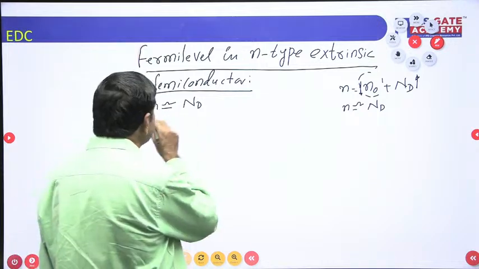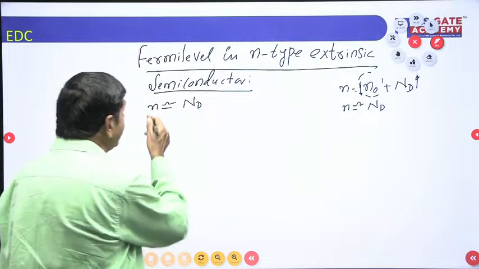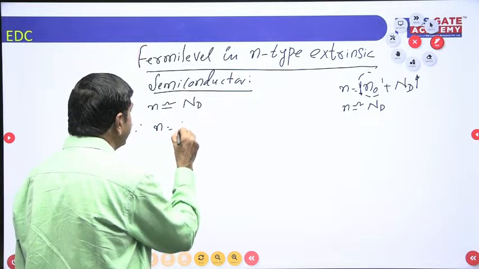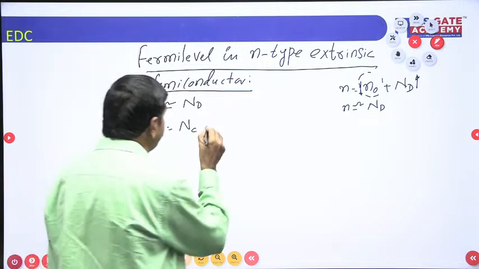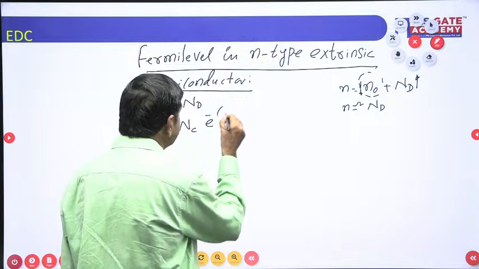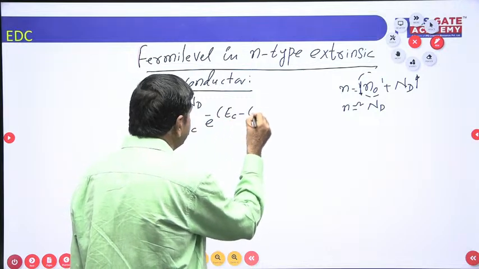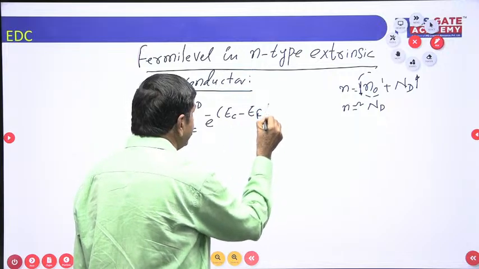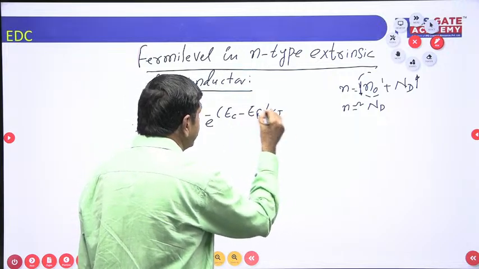Okay, N is approximately equal to Nd. I can write here N is nothing but Nc into e power minus (Ec minus Ef) whole divided by kT.